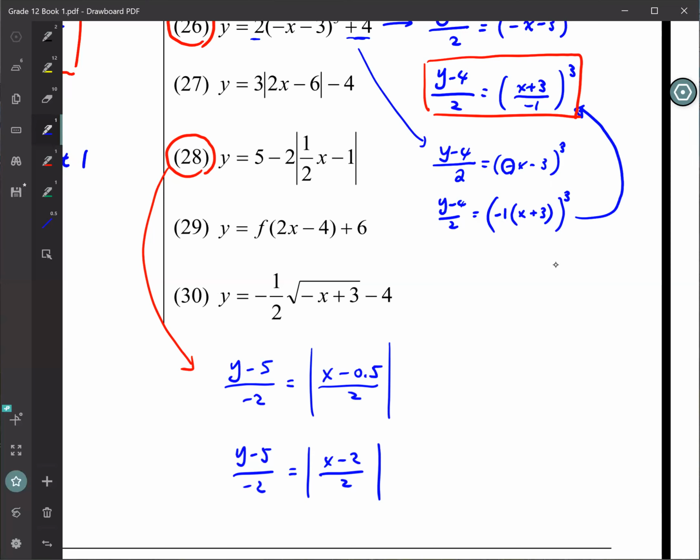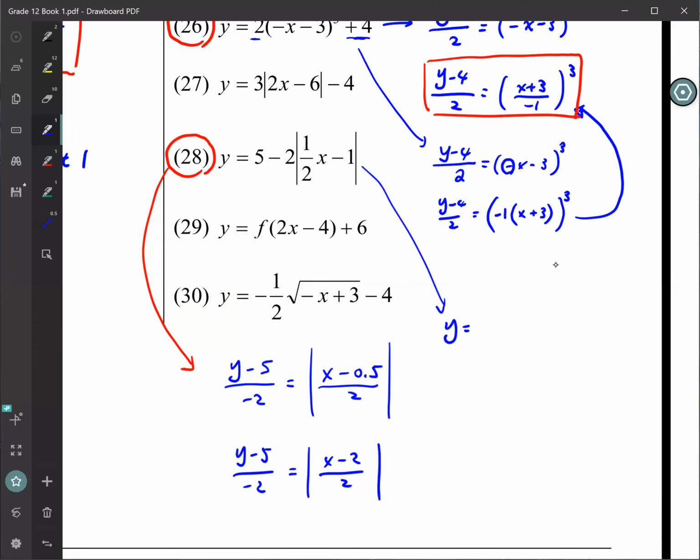Okay, so let's go through this one. The question is arranged in a weird way. When you start, you rewrite it first, because there's a 5 in front. The 5, you can actually move to the back, because right now you have 5 minus 2 times half x minus 1.